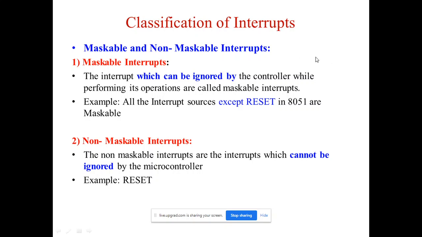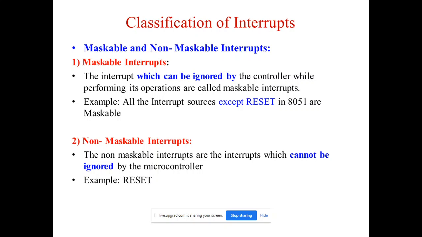In this fashion, the controller is also busy with a number of activities. Every time it is providing service to all the peripherals. But suppose in some situation the controller is doing a critical task and doesn't have sufficient time to serve other external peripherals. At that time the controller has the authority to mask other activity.